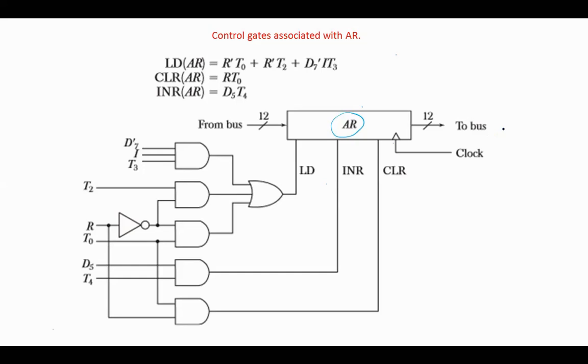The least significant 12 bits from the bus are loaded into AR, and if AR is source, the contents of AR are loaded into the least significant 12 bits of the bus. For example, for increment, we have D5, T4.